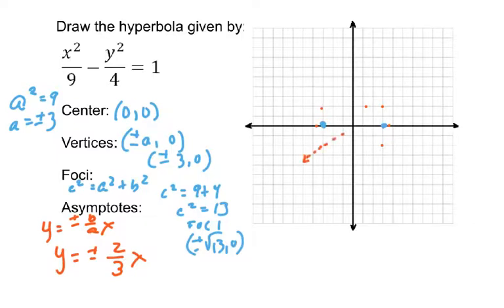So these are our oblique asymptotes. And what those are for, those help us guide the drawing of our hyperbola. It's going to go through the vertex and curve around those oblique asymptotes.